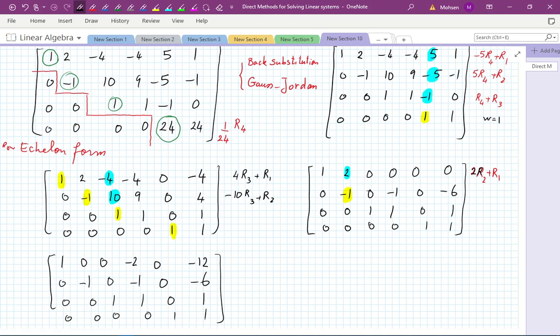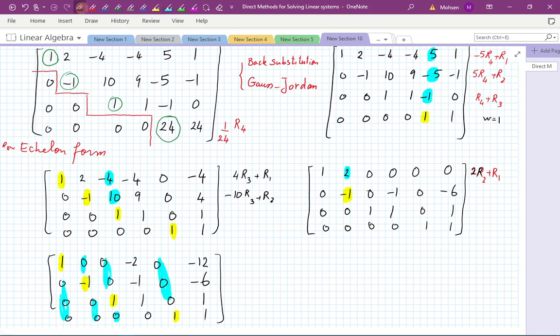Okay, let's pay attention to what happened. So this was our pivot, pivot, pivot, and pivot. When some entry is a pivot, everything below and above it has been turned into 0. So that's a major achievement.